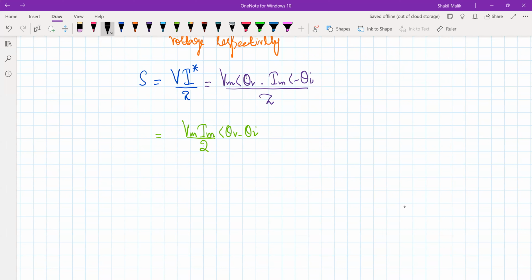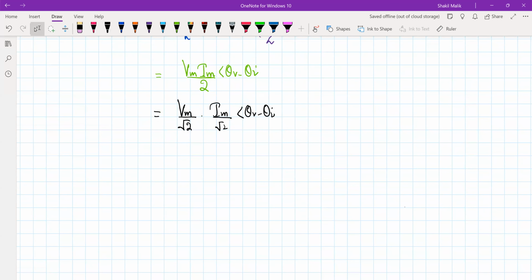Now we can further write it as Vm divided by root 2, times Im divided by root 2, at an angle of theta V minus theta I. The maximum value divided by root 2 for a sinusoid or cosinusoid is referred to as the RMS value of the quantity.